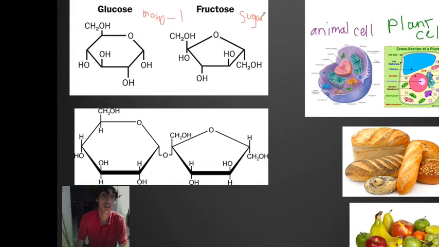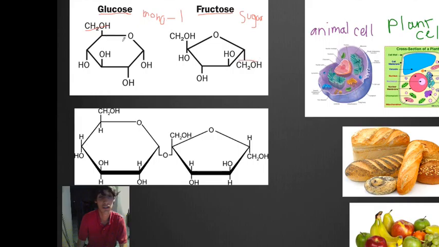The examples we have over here are glucose and fructose, with glucose being an extremely important molecule for glycolysis and cellular respiration. The difference between glucose and fructose, which are both monosaccharides, is that the way they are ordered, the actual structure itself, is different.